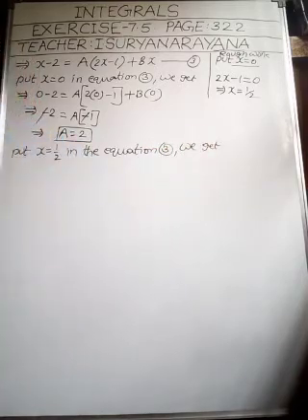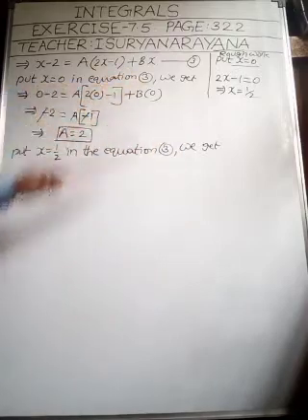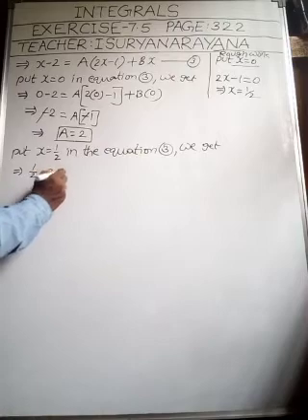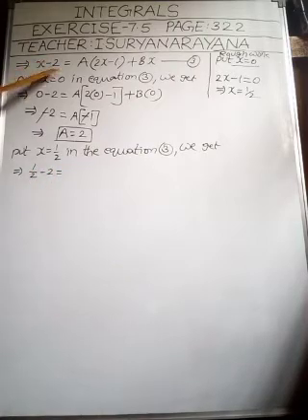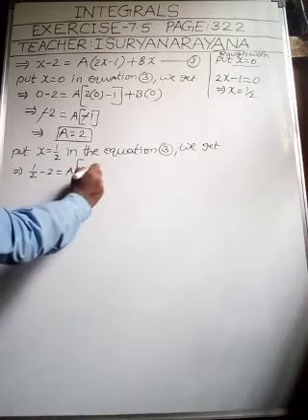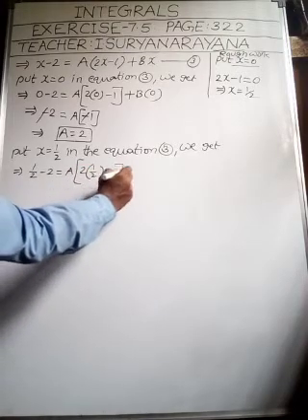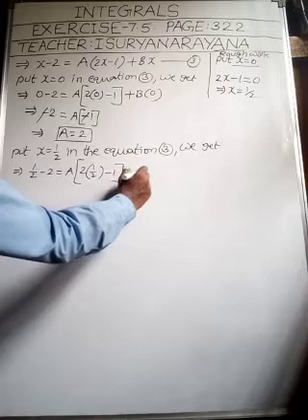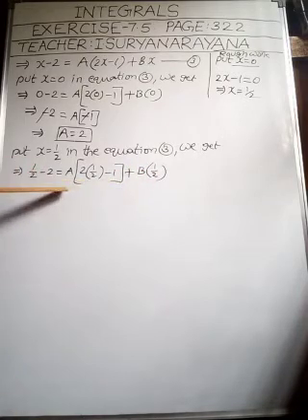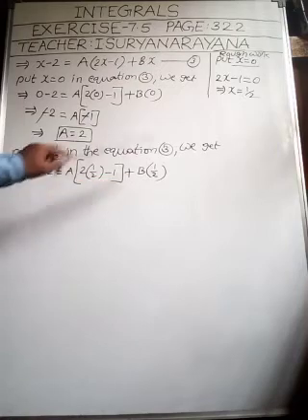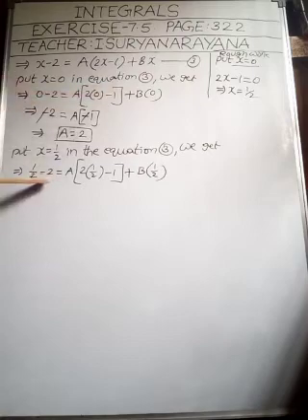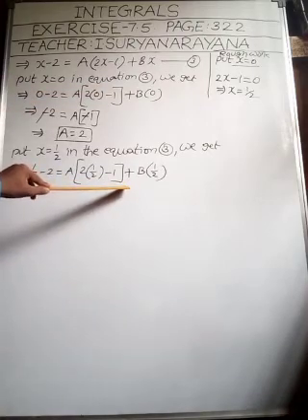By substituting x is equal to 1 by 2 in equation 3, we get 1 by 2 minus 2 is equal to a into (2 into 1 by 2 minus 1) plus b into 1 by 2. Understood this step, my children?